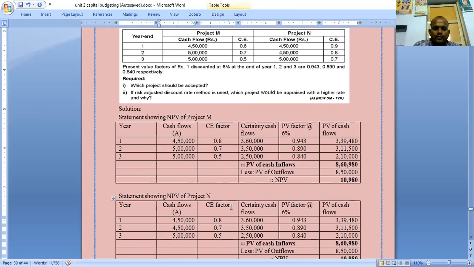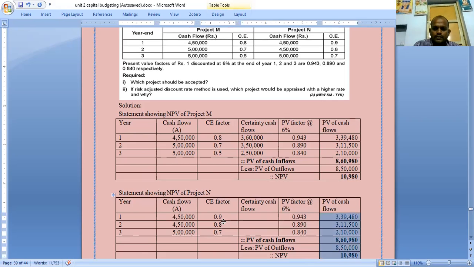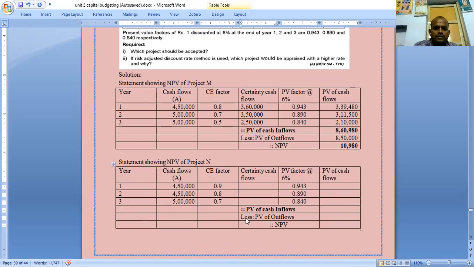Same. So certainty factors are 0.9, 0.8 and 0.7. I'll remove all these things. Okay. So certainty cash flows.